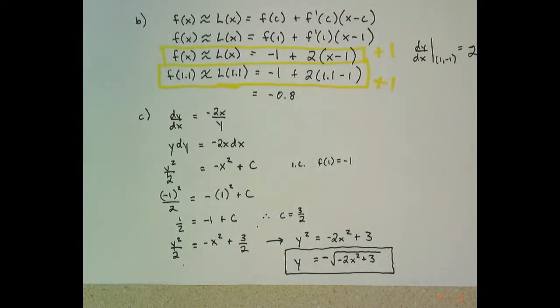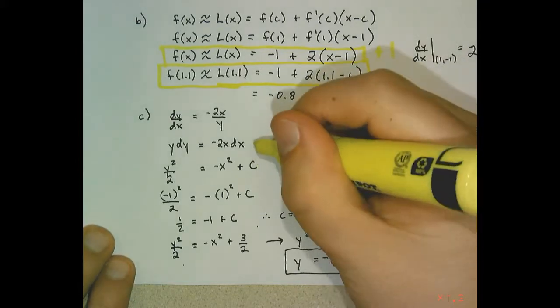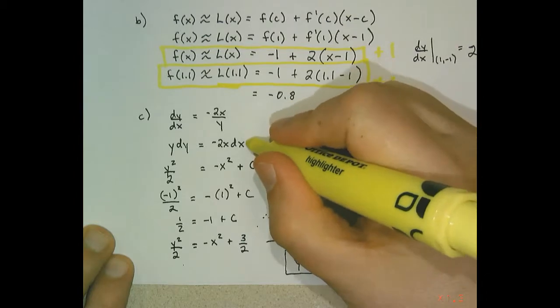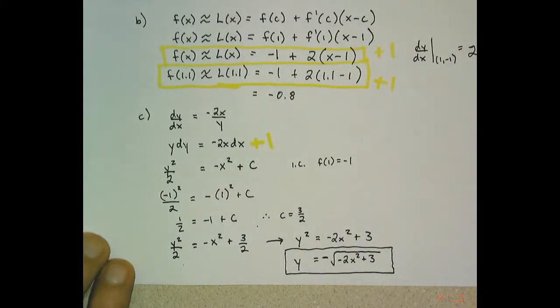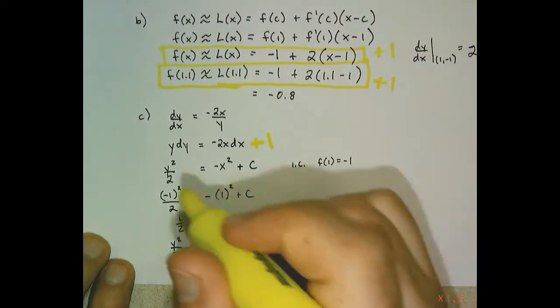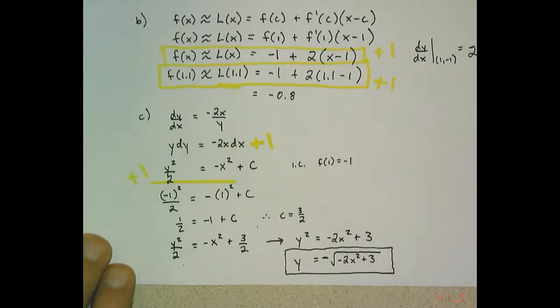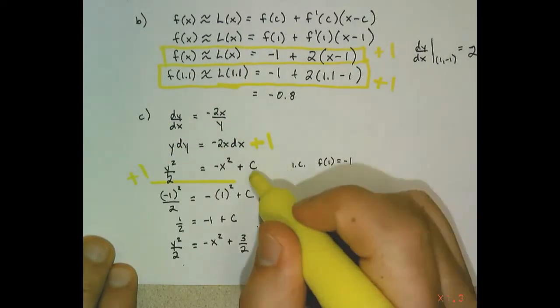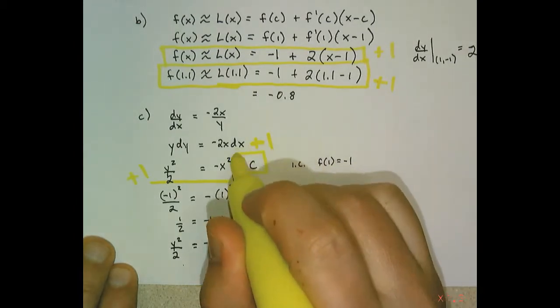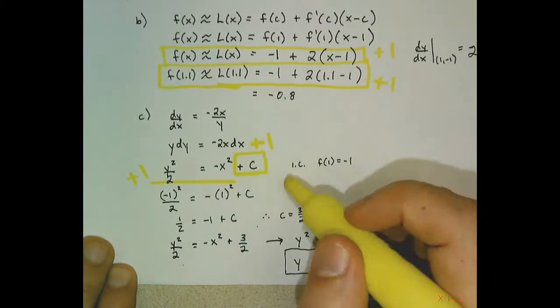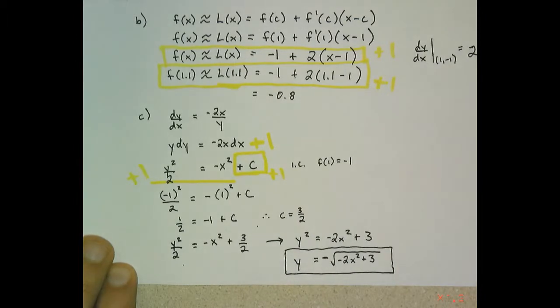This problem is worth 5 points. You get your first point for separating the variables. You get your second point for having the antiderivatives correct. You get a third point if you just remembered to include plus c. It's a pretty easy point there.